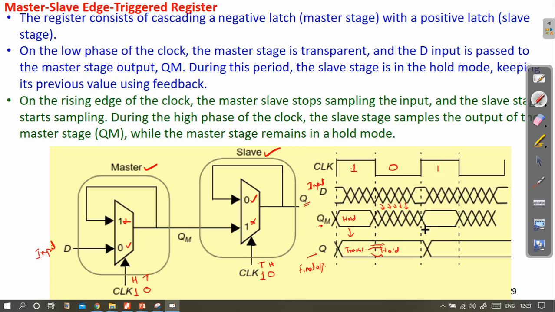So QM, master was in hold, is in hold mode, so the previous value of QM will be maintained here. When clock is high here, the master stage is in hold mode, and the slave is in transparent mode.